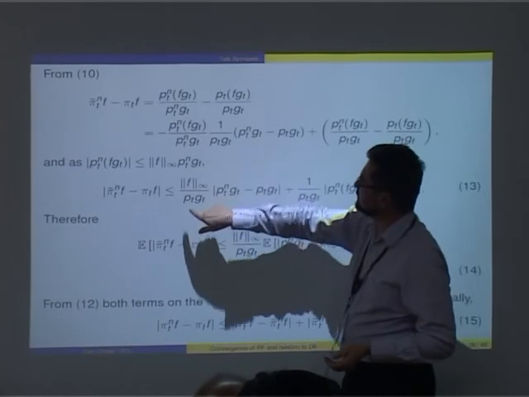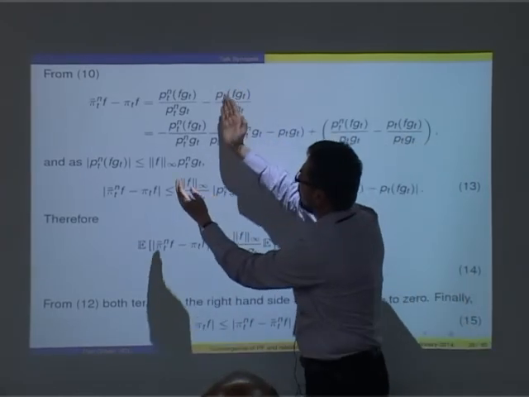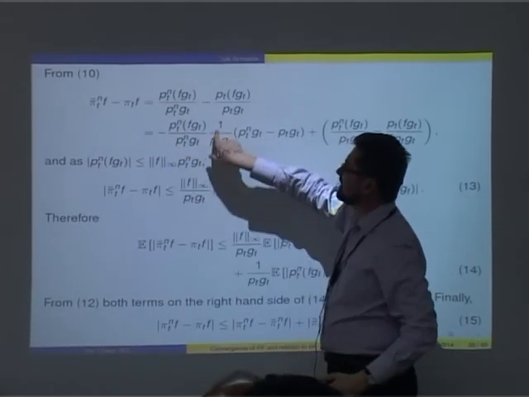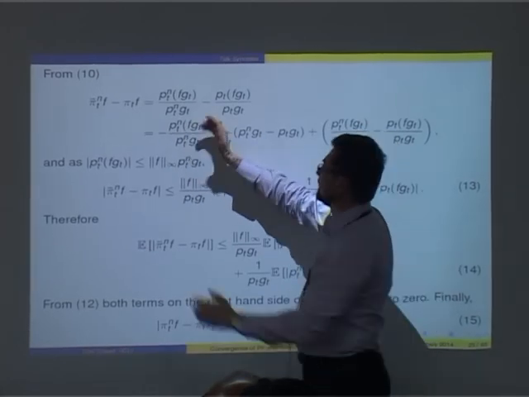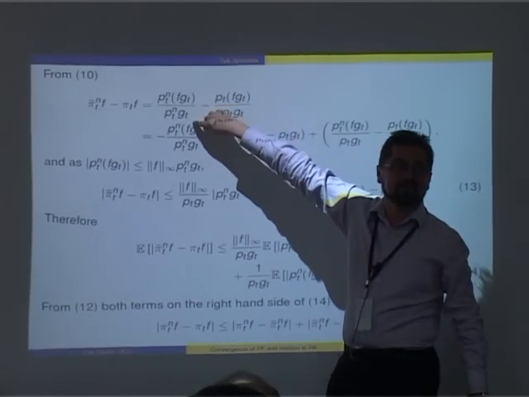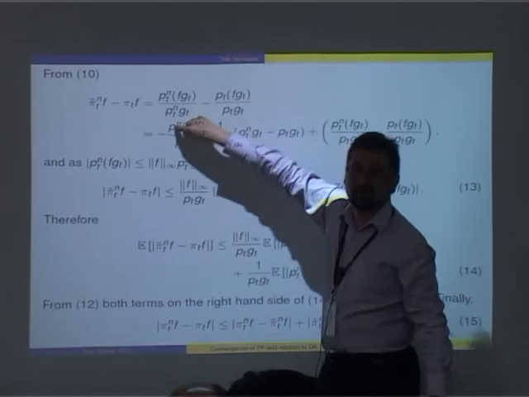And then I do the same trick in here. I put the absolute value. Now, the point that is going to help me is that this guy is coming from a probability measure, right? So the absolute value of that is less than the supremum of f. So this whole thing is less than the supremum of f.